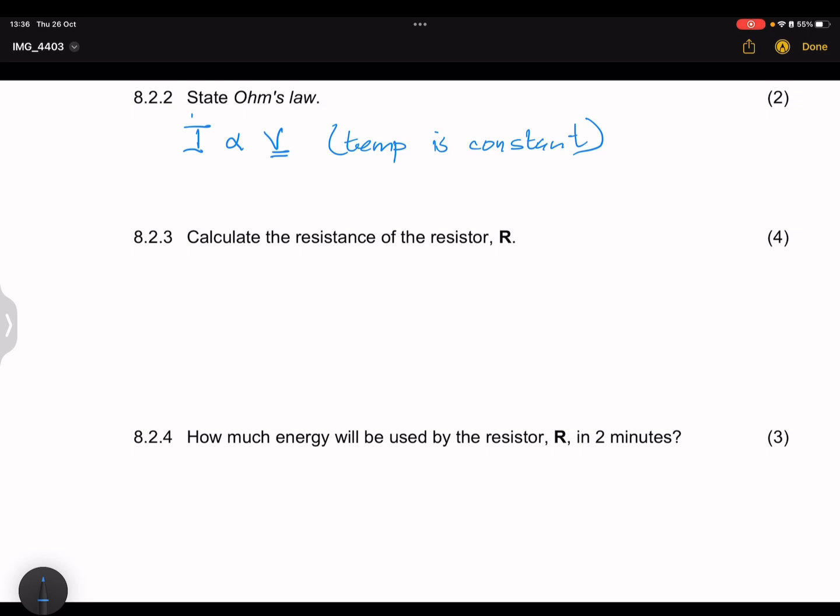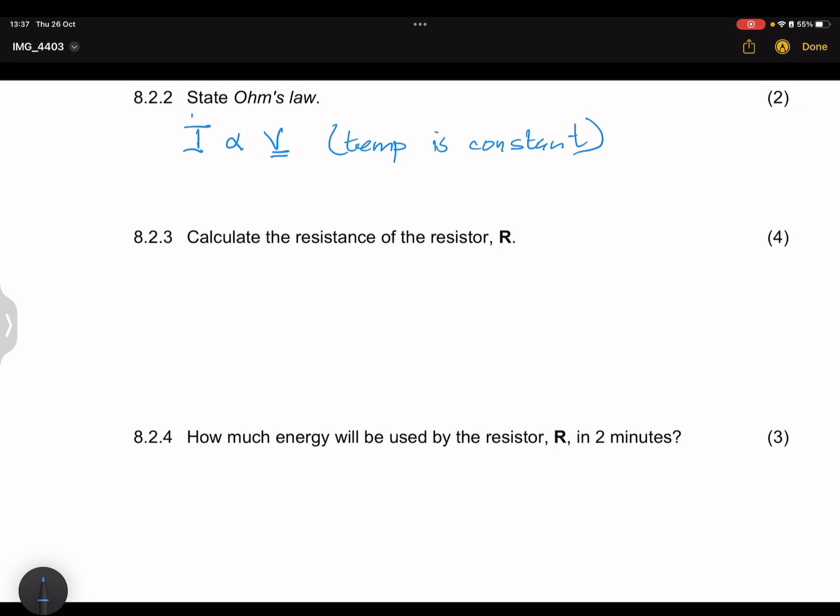So the next question, they say, calculate the resistance of the resistor R, right? Now, I want you to note, ladies and gents, resistor R in this case is in parallel with our bulb. We've got the total current, and we also have the total resistance, the total voltage, in this case the external voltage.